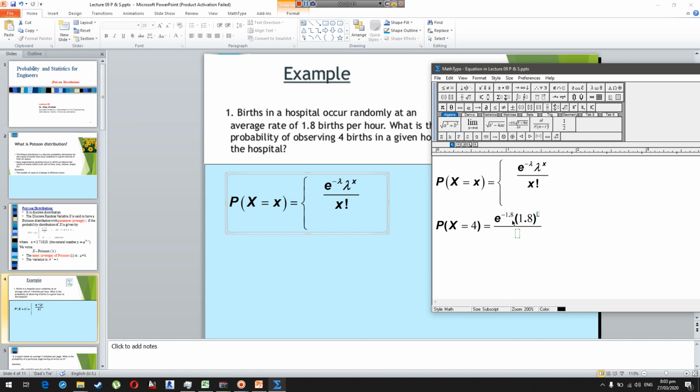So x here is 4, so 1.8 to the power 4, and then divide by 4 factorial. By solving this equation, that will give you the probability of x is equal to 4.